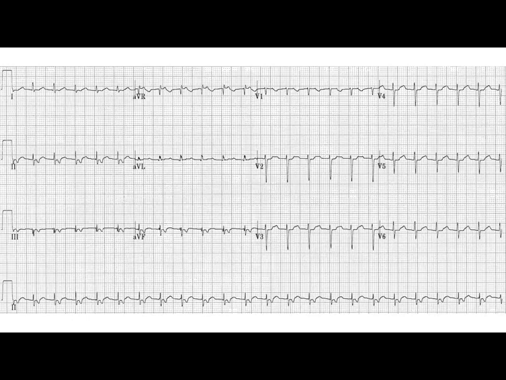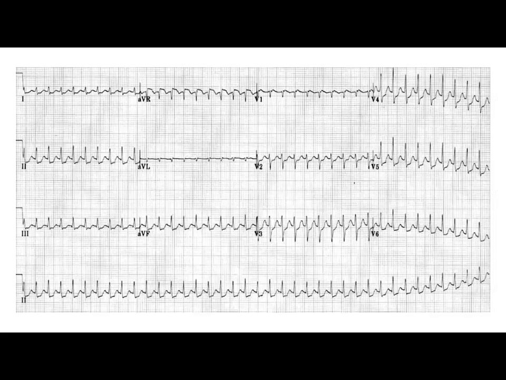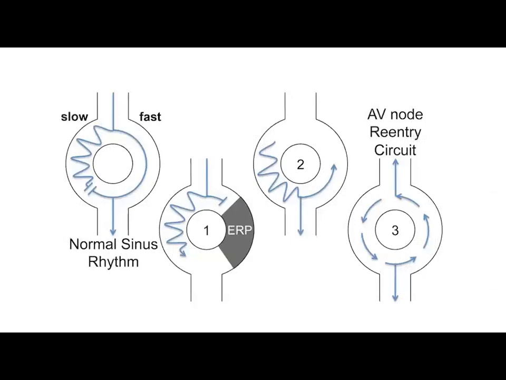Can anyone tell me what these waves are in this AV-NRT? Just shout it out if you know. Retrograde P waves. So retrograde P waves occur as your electrical circuit sends electrical signals back to the atrium.